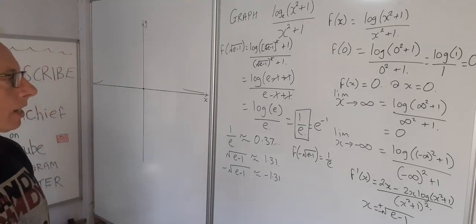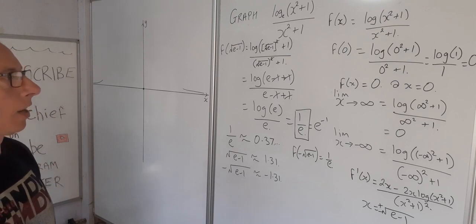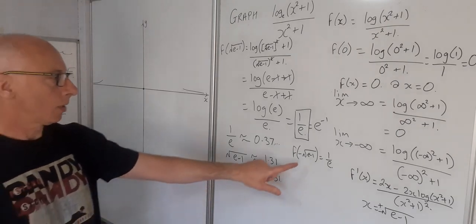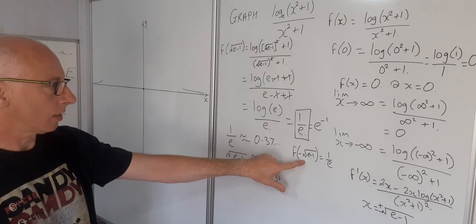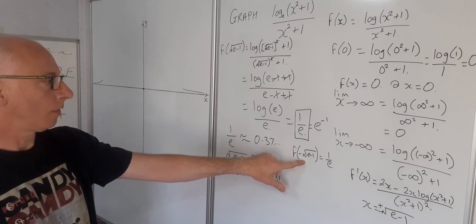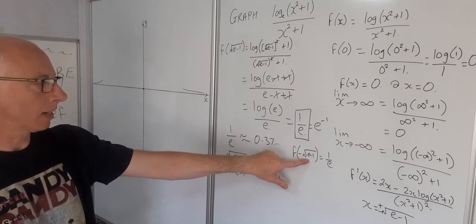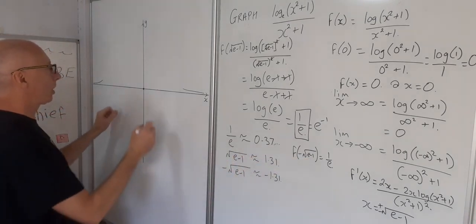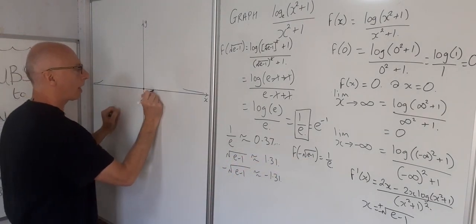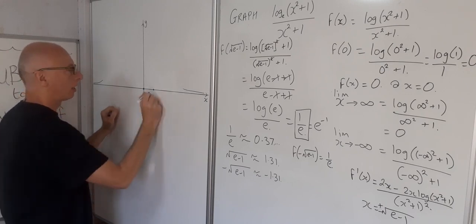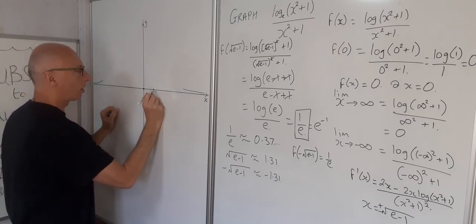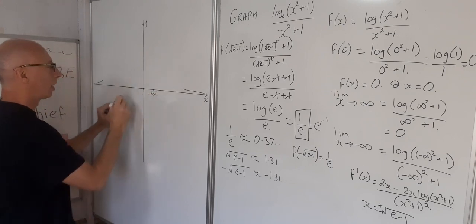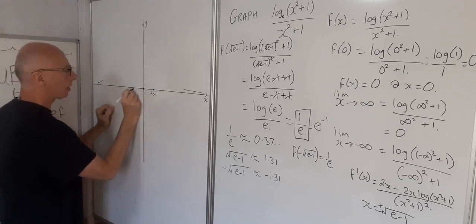Okay, so the next thing we need to know is the turning points. The turning points are at the square root of e minus 1 and the negative square root of e minus 1. Those we know are approximately 1.31. So if I put that somewhere here, I'll say that's the square root of e minus 1. And then this one, trying to keep it symmetrical, minus square root of e minus 1.